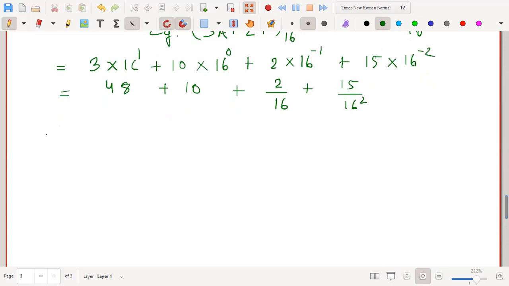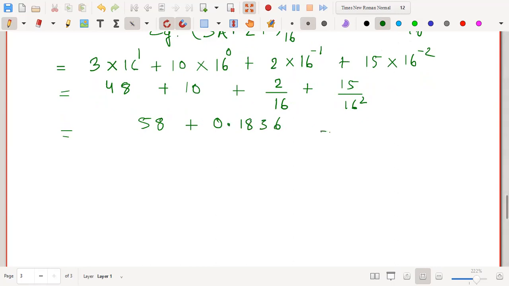The next step is just to simplify. What is 48 plus 10? 48 plus 10 is 58, plus 2 divided by 16, and 15 divided by 16 squared. If you add all these together, you will get 0.1836 if you check this with your calculator.